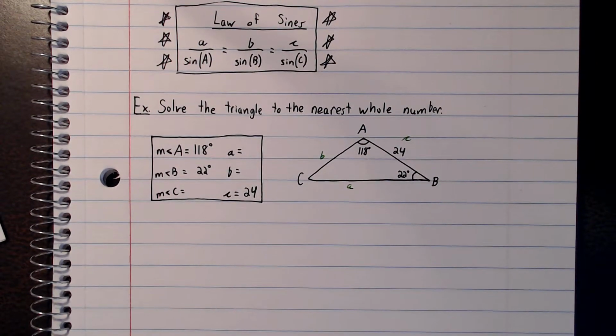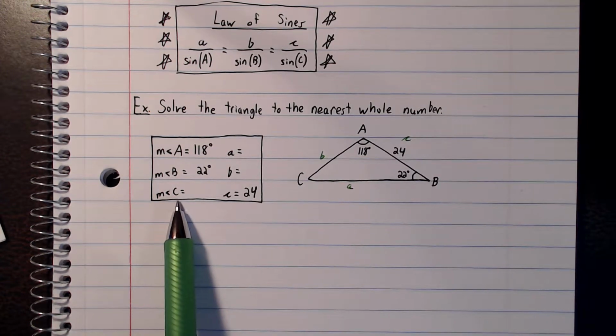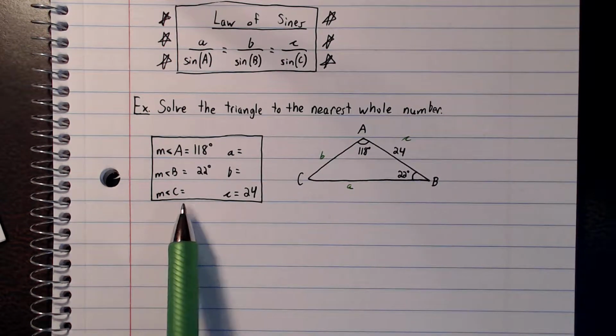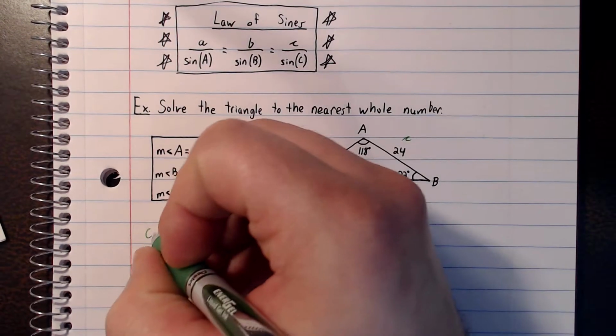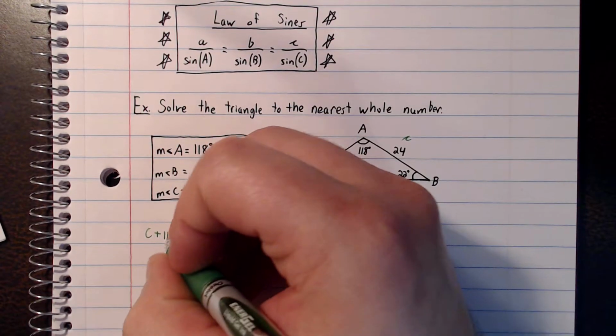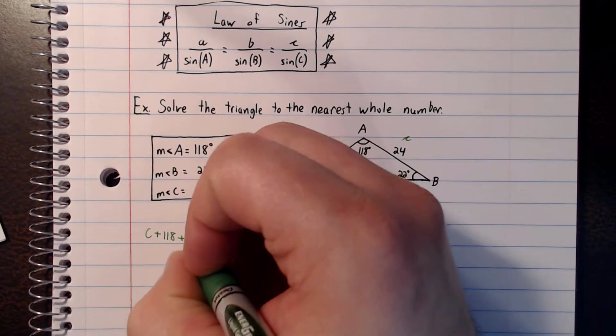So I'm going to show you some pretty easy tricks to do with the calculator as we go along, but before we even have to use the law of sines, we can actually find this third angle just because we know the triangle sum theorem, right? All three of these angles should add to 180 degrees.